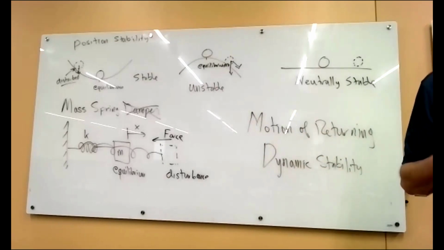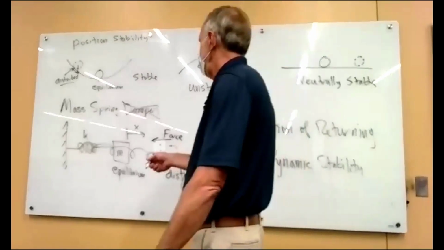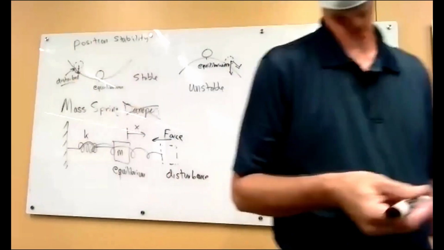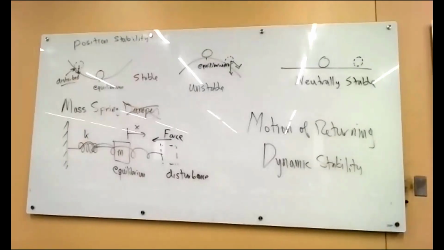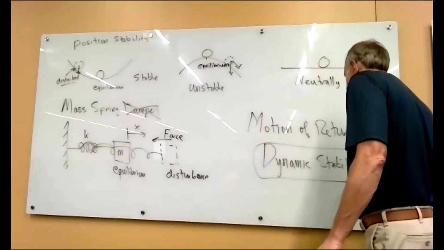So if you have a car with really bad shock absorbers or no shock absorbers, it will bounce up and down. And if you have a really, really stiff spring so that it won't allow the tire to move much, then you have a really stiff suspension and the bumps you really feel when you hit them. But that's not static stability, that's dynamics and what happens afterwards.